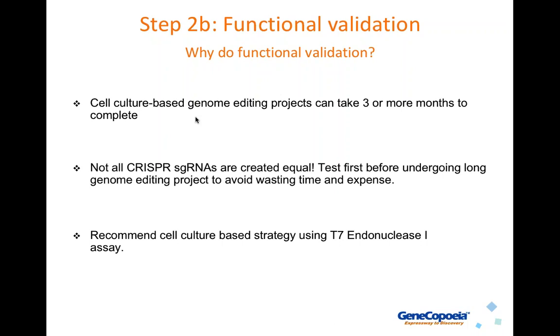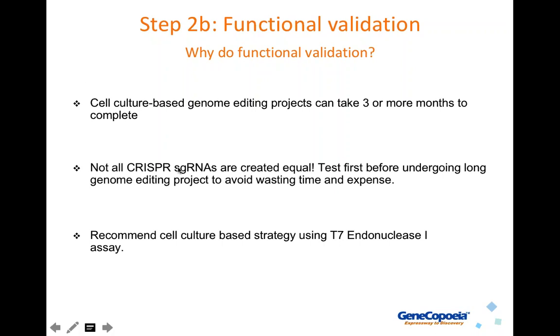The reason we recommend doing this is because cell culture-based genome editing projects can take several months, 3 or more months, to complete. So if there's a large variation in efficiency between different single guide RNA targets, even with good algorithms that GeneCopoeia uses to design these, we still recommend doing functional validation, because you could occasionally get a CRISPR clone that does not work or works very poorly.